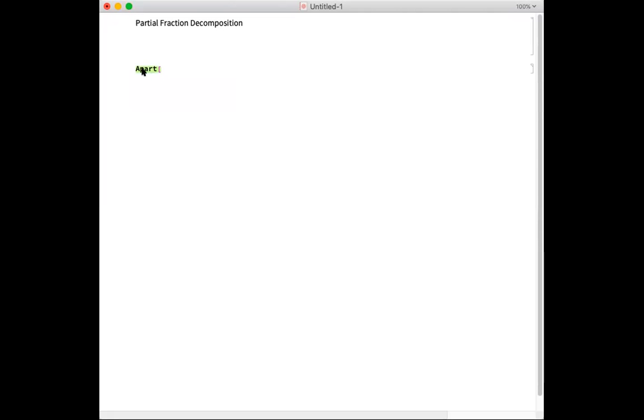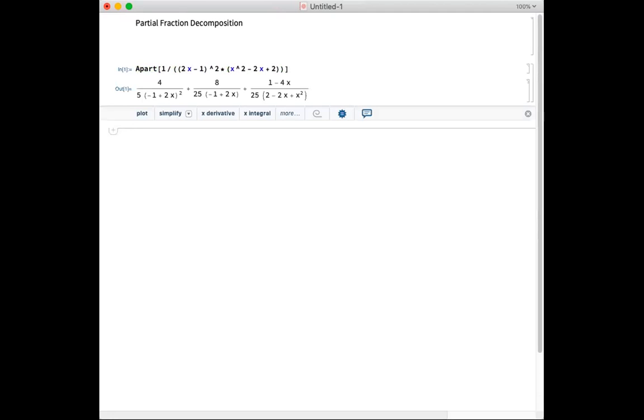If I remember right, it was 1 over, and then the denominator had a (2x minus 1) squared times (x squared minus 2x plus 2). And then close the denominator. I think that should work, but we'll see if I'm missing something. And it appears I am not.